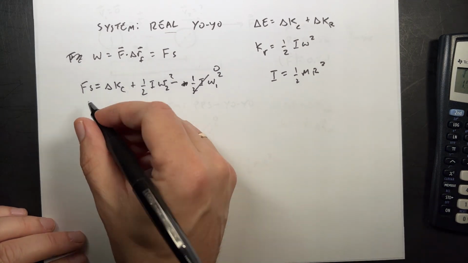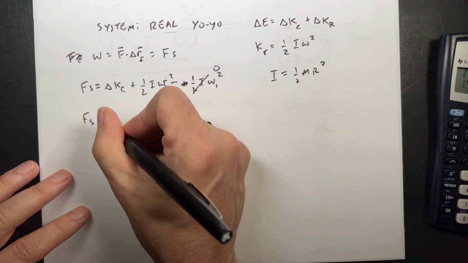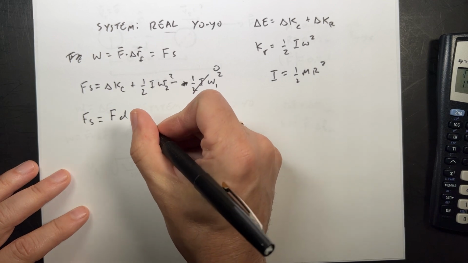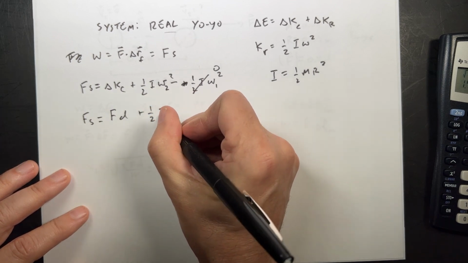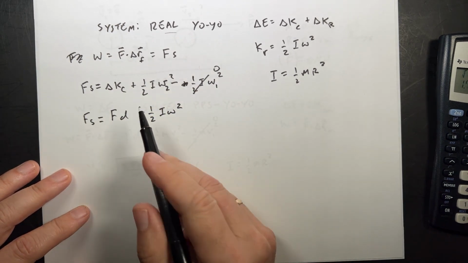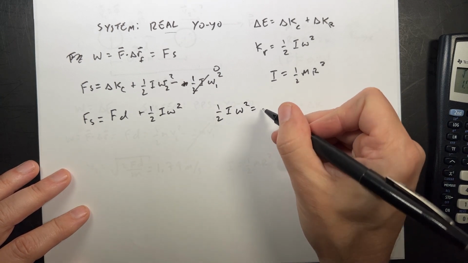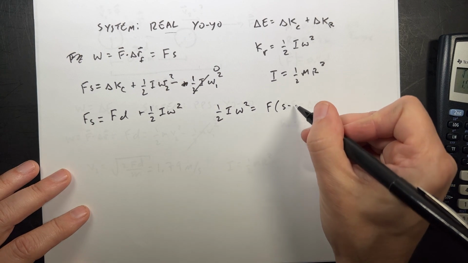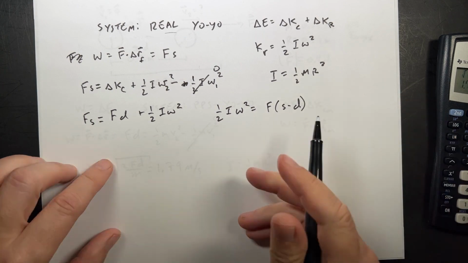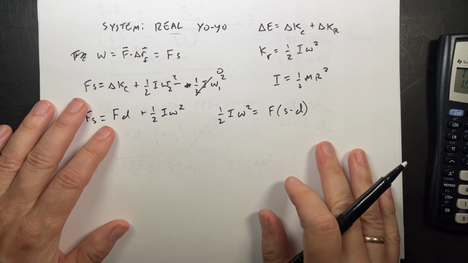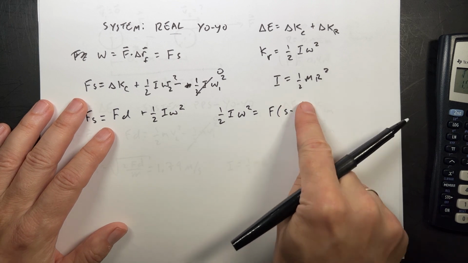So this means I have Fs equals Fd plus 1/2 I omega squared. Let's subtract that from both sides. 1/2 I omega squared equals F times (s minus d). And you'll notice that s is greater than d, so this is a positive number.